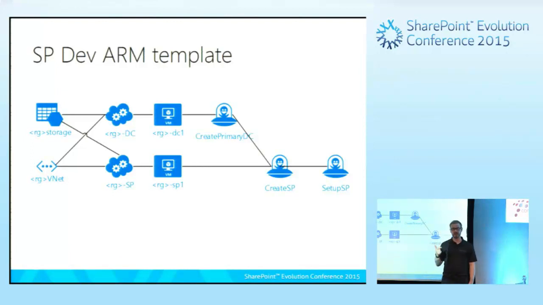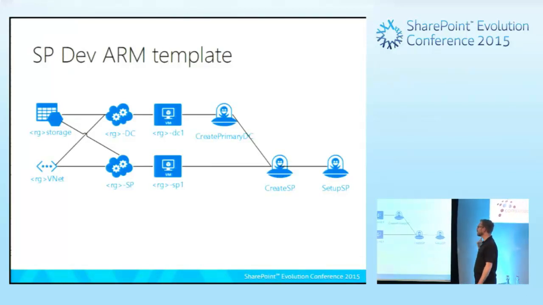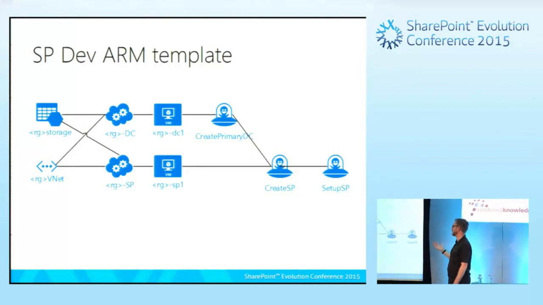It will install SQL Server, if I recall correctly. No, that's the next one. This one just joins the domain and applies some other settings. And when that's done, this one will install SQL Server and create a SharePoint farm. All done with PowerShell and a JSON template, an Azure Resource Manager template.